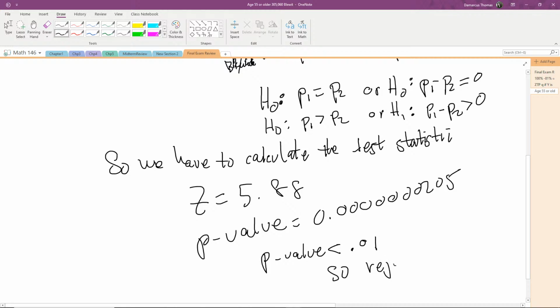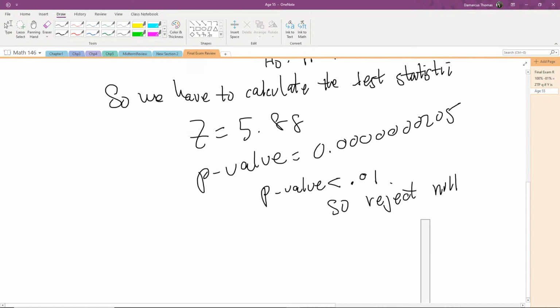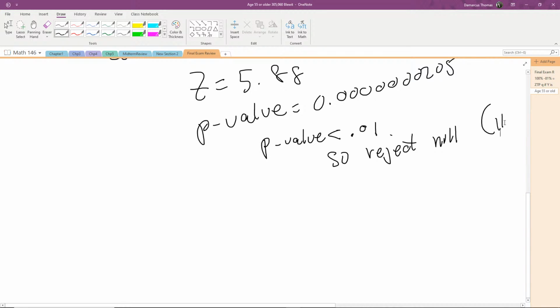So reject the null and accept H1, the alternative. Reject null, accept alternative. Okay? And that basically means we have enough evidence to reject the null that they are the same.